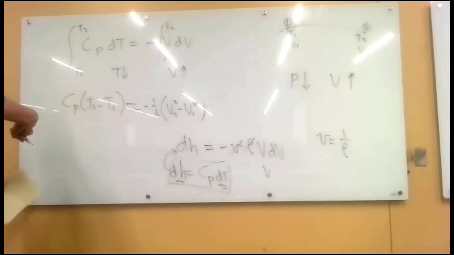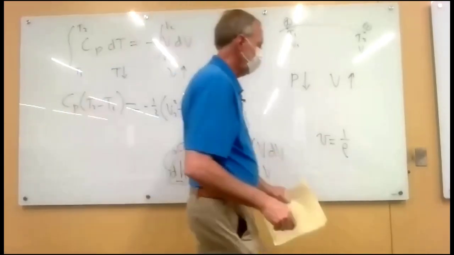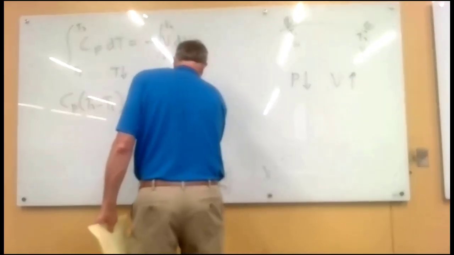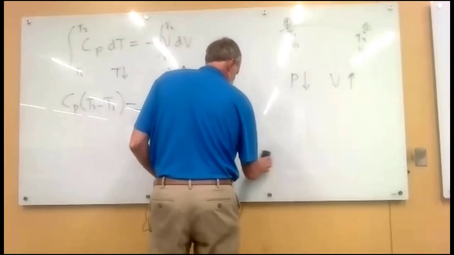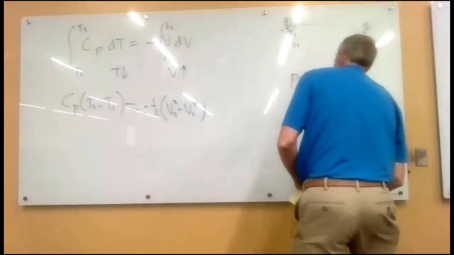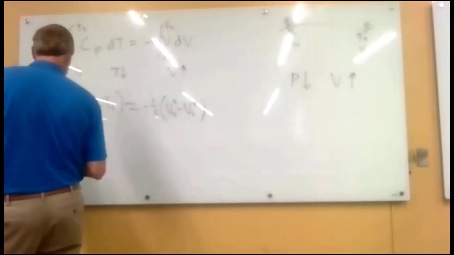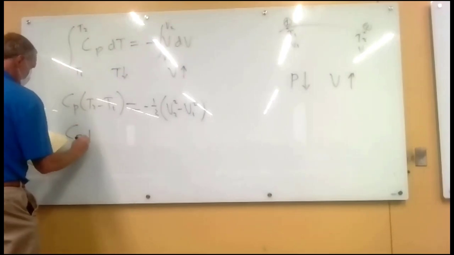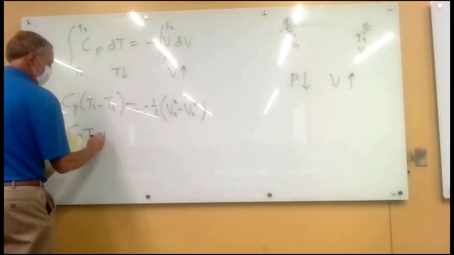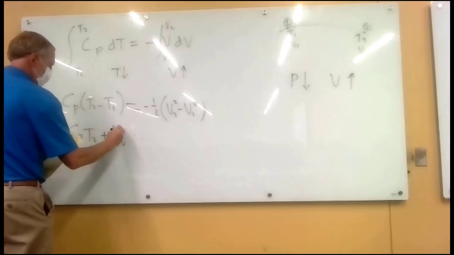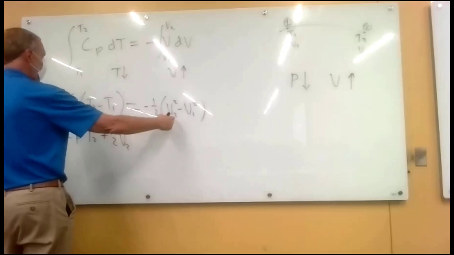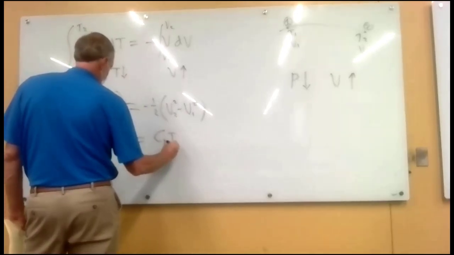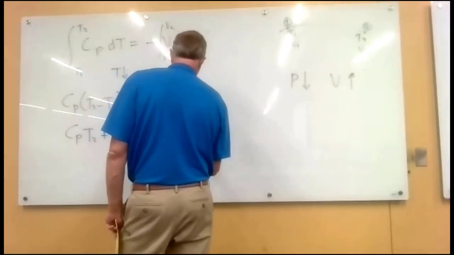Let's rearrange it so we get all the 1s on one side and the 2s on the other. So I moved the minus V2 over to this side, the minus T1 over to the other side.